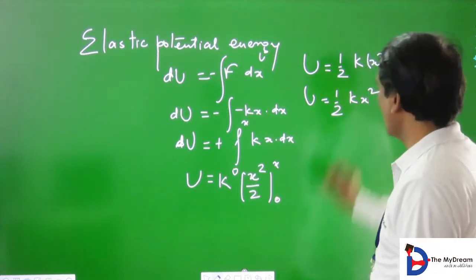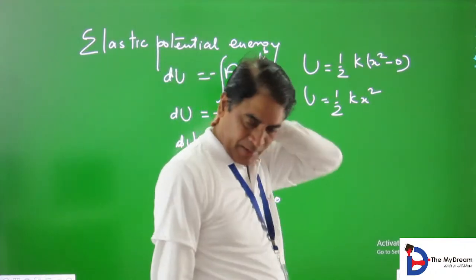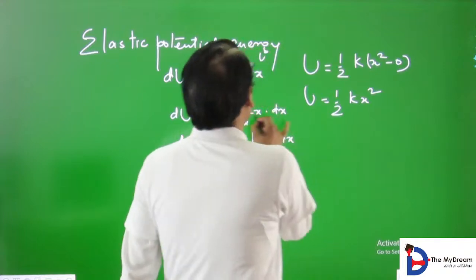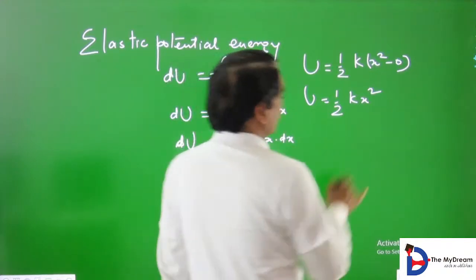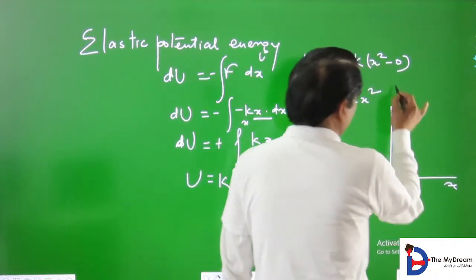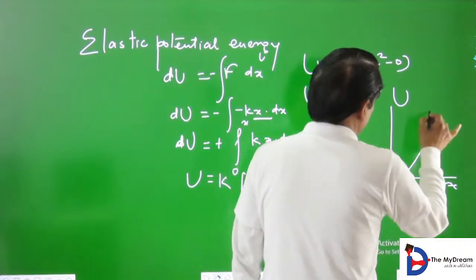If you want to draw the graph between the potential energy and the extension, it will become like this.